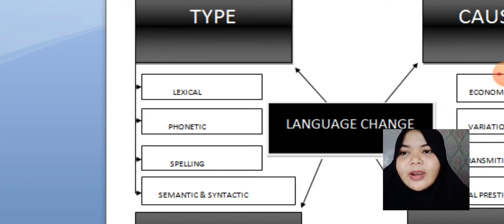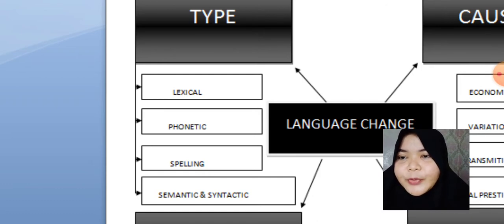So we are saying father to father. That's what we call a language change. It happened because of, again, the wrong delivery from one generation to another generation. It also could happen because of a different dialect of some people.